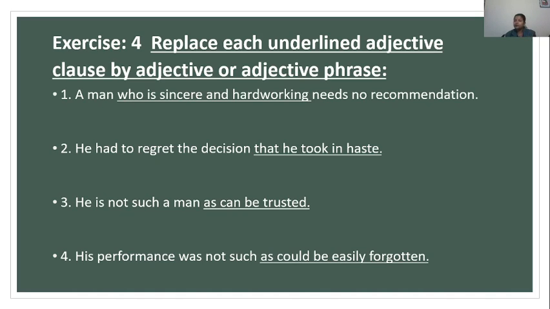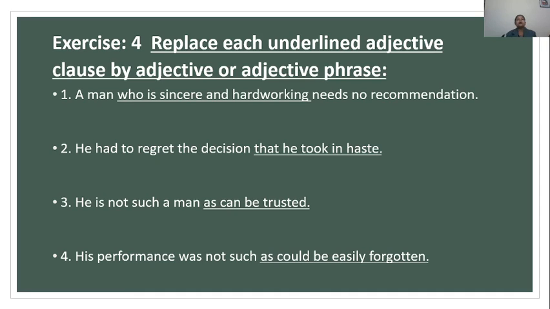Here clauses are given and we have to convert them into an adjective or an adjective phrase. Means what do you have to do? You have to remove the subject and the finite verb, or you have to remove the introductory word, that relative pronoun or adverb, and the finite verb.